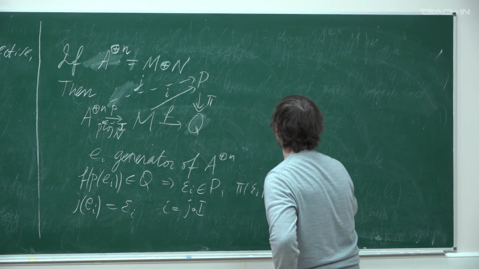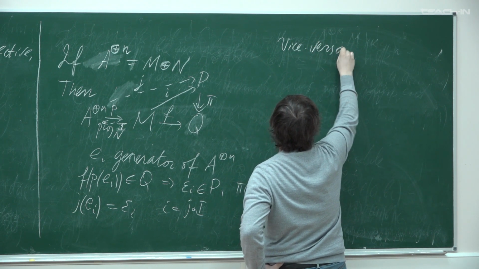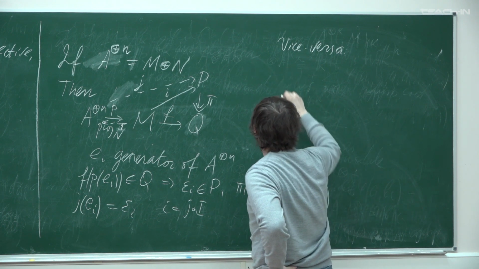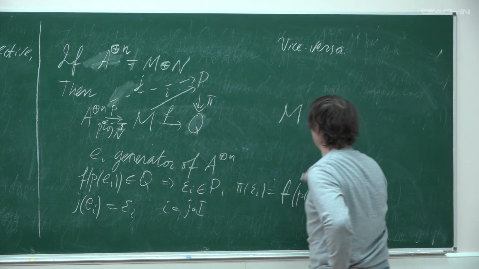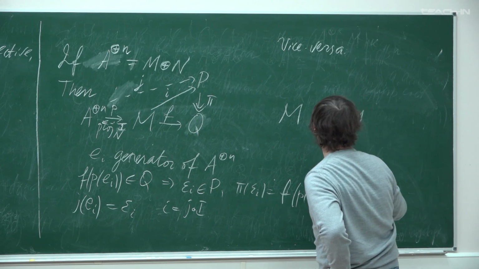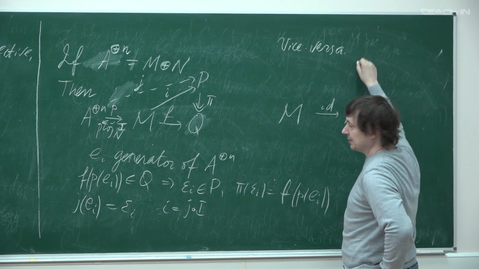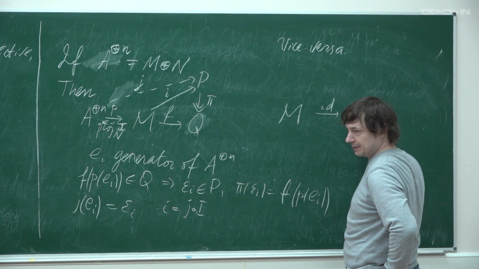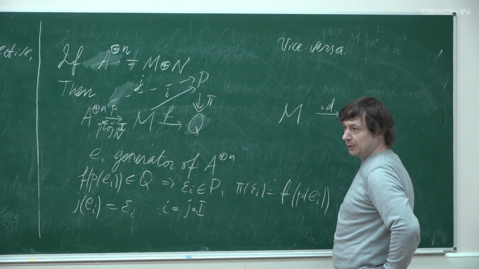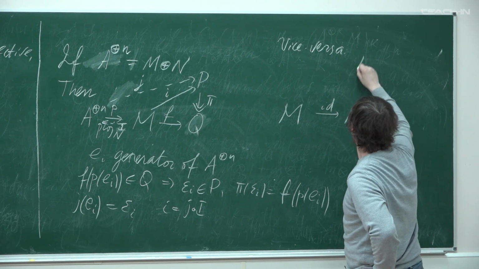And vice versa, we can take the diagram M into itself, and here we take the free module spanned by the generators. So if M is finitely generated, we choose the generators and span the free module by the elements indexed by the generators.